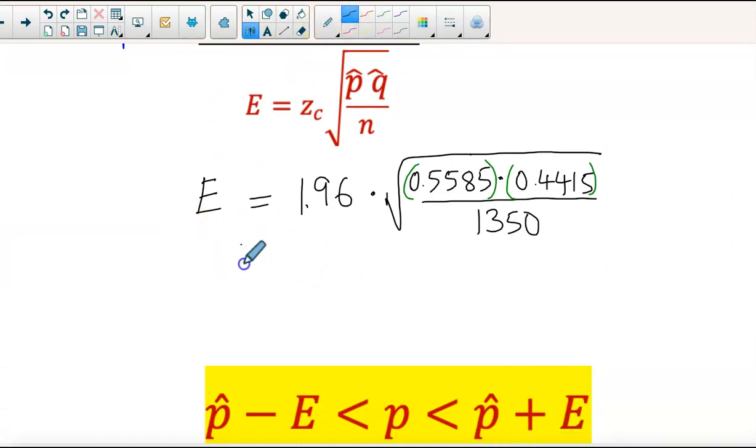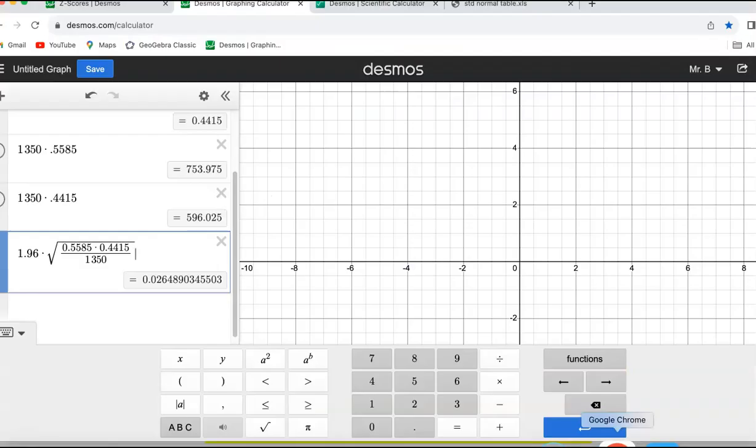So my E is equal to 0.0265. Double check, make sure 0.0265.